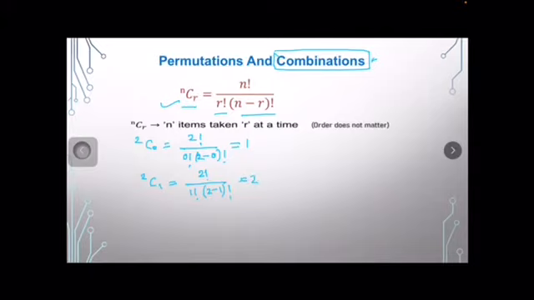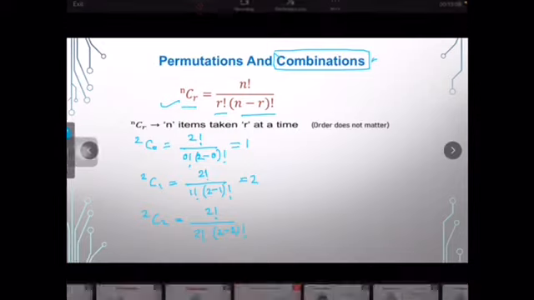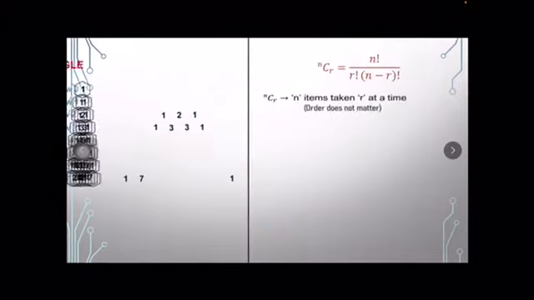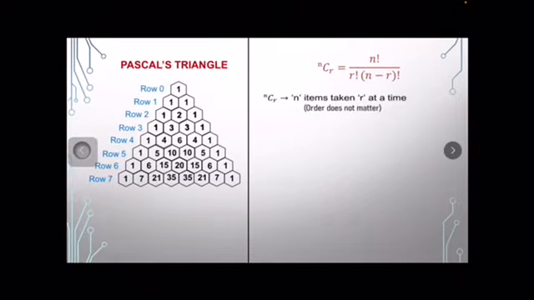Now what's the value of 2C2? Calculate this. That is 2 factorial upon 2 factorial and 2 minus 2 factorial, and you know that the value of 0 factorial is 1. So when you solve this, you will get 1. So we get the values 1, 2 and 1. Clear? Now suppose we use Pascal's triangle.